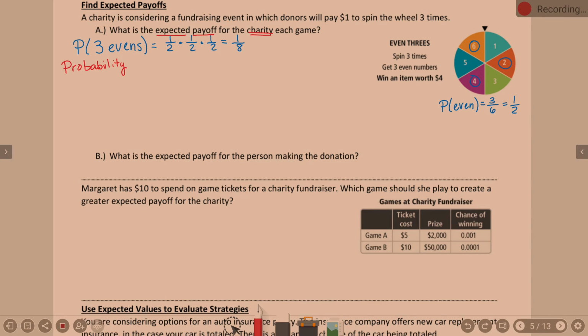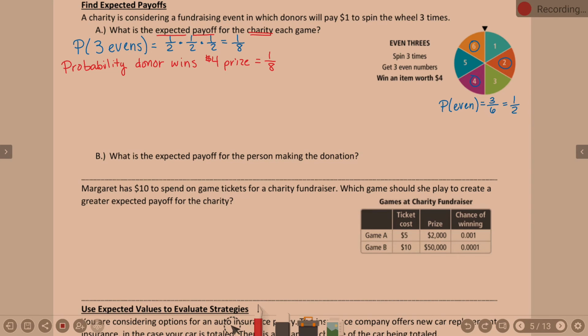And let's see. I'm going to call the person a donor. Probability the donor wins the $4 prize. And I have a direction I'm heading with this, if you just hang with me. What is the probability the donor wins a $4 prize? So if they pay $1, they play the game, what's the probability they win? That is the 1/8, yes?